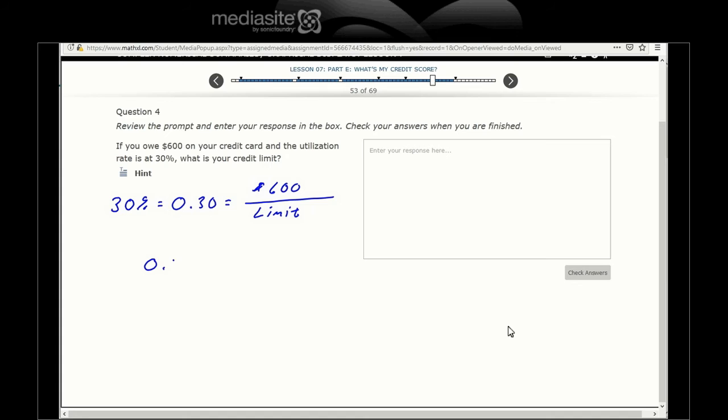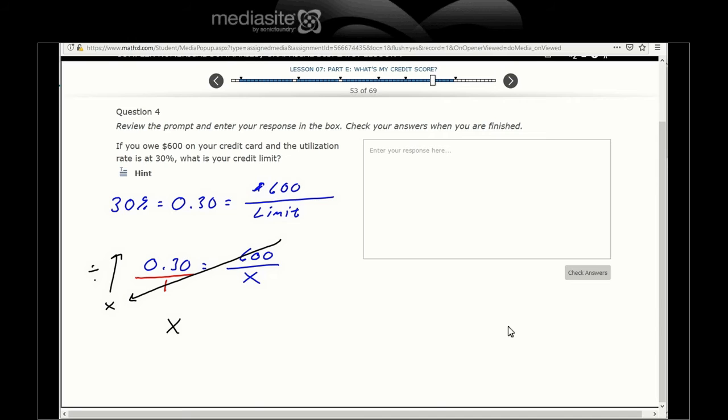So 0.30, say X to make it easier. Let's make it a fraction equal to a fraction. And then I'll use my shortcut. Multiply where you can, divide in vertical.